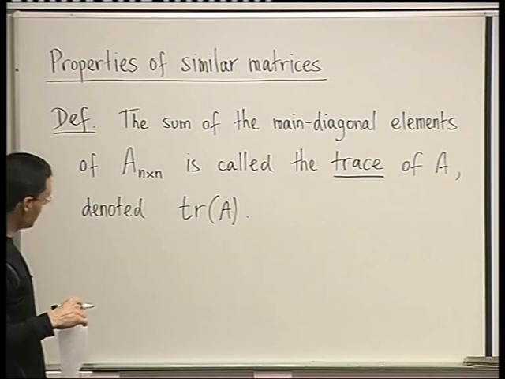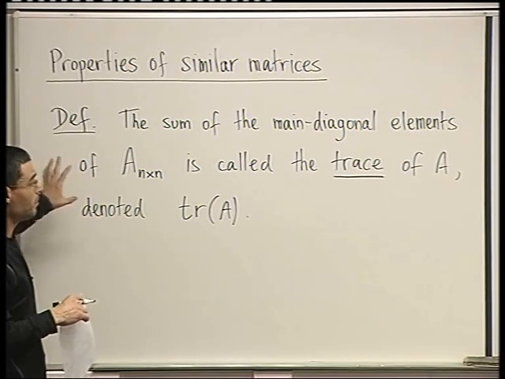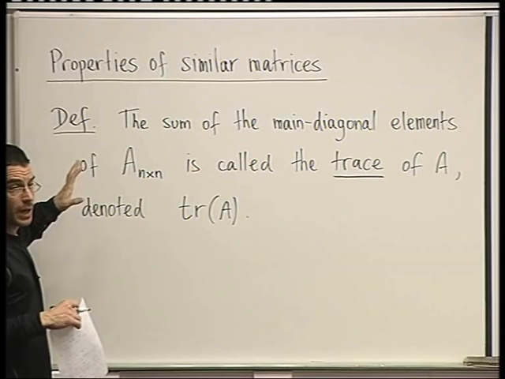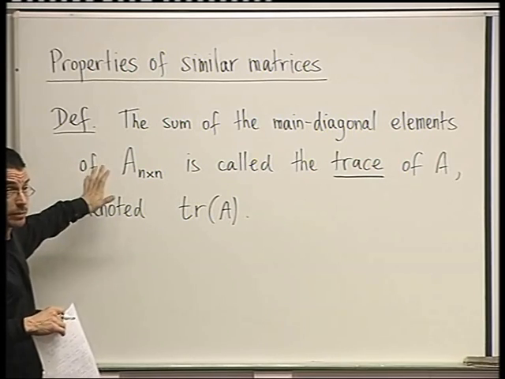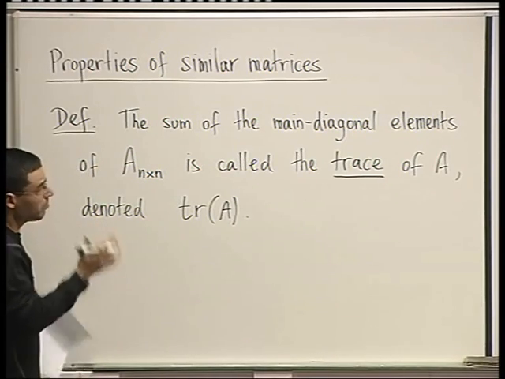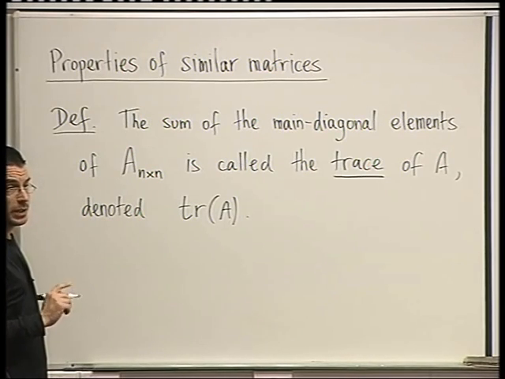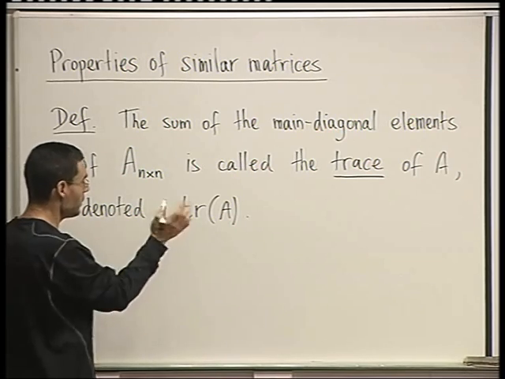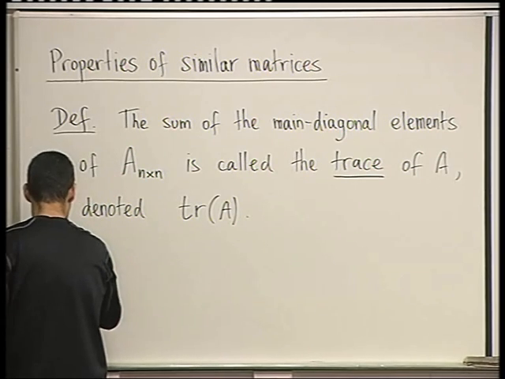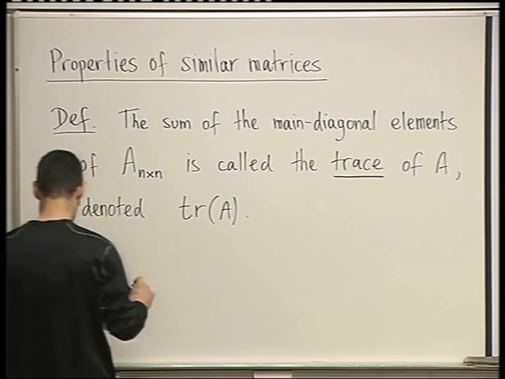So right now we're just going to encounter this definition and not say much about why it's important and where it's used. For now it's just a reasonable thing to define. Motivation is yet lacking. So the trace is just the sum of the diagonal elements. Here's an example.